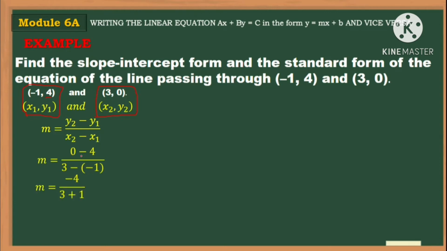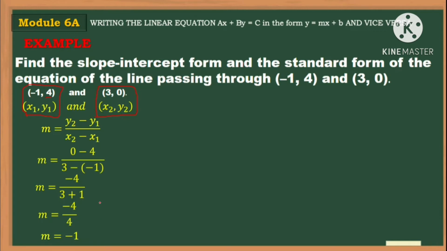So simplify, 0 minus 4 is -4, then 3, this is negative times negative, that is +1. So simplify again. So -4, 3 plus 1 is 4, then m is -4 divided by 4, m is -1.